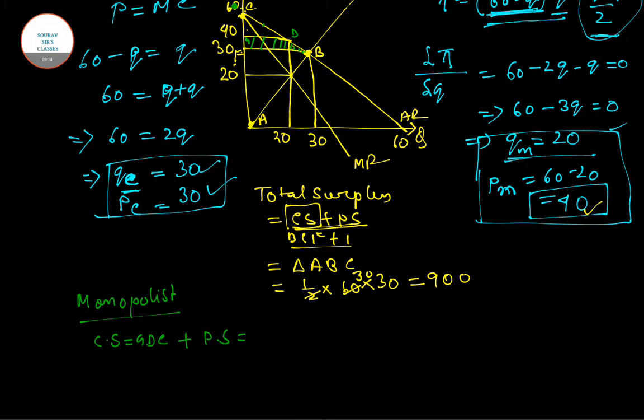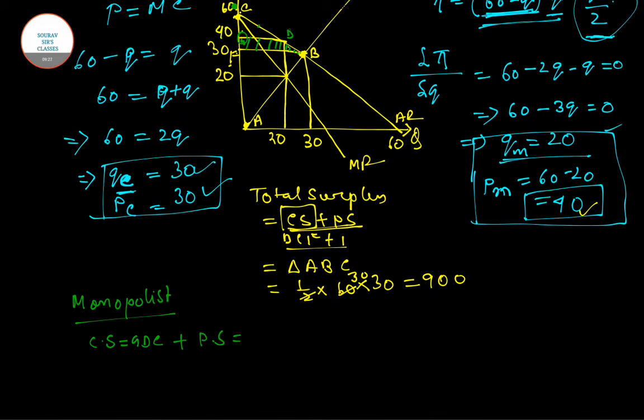Producer surplus will be this area, which is GDE. Why? Because it is the area above the supply curve, which is this, and below the price line. So this entire area will be producer surplus, GDE.